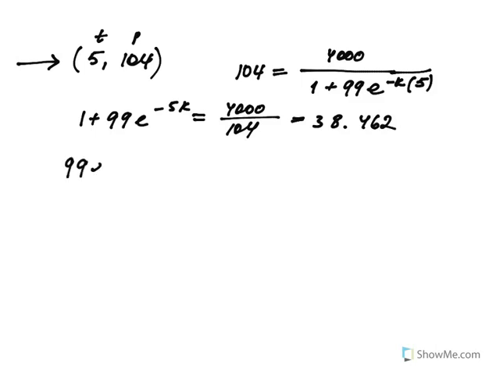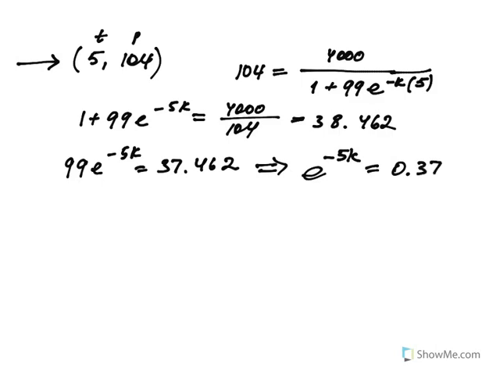Now 99 e to the power of negative 5k equals, subtract 1, so you get 37.462. And therefore, e to the power of negative 5k equals 0.378.